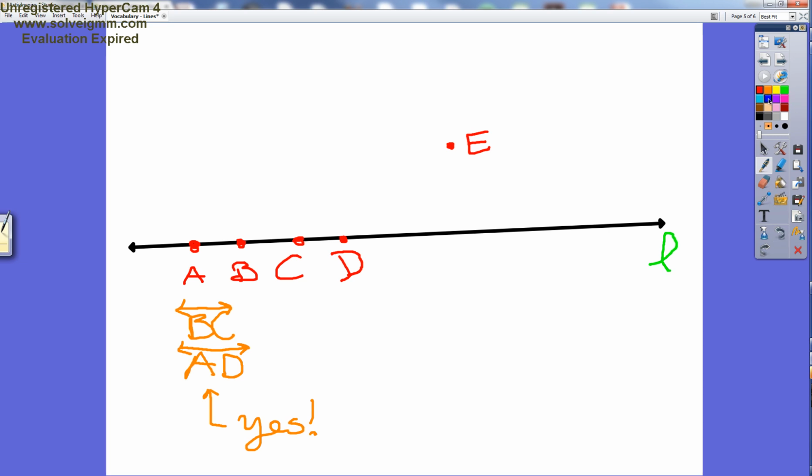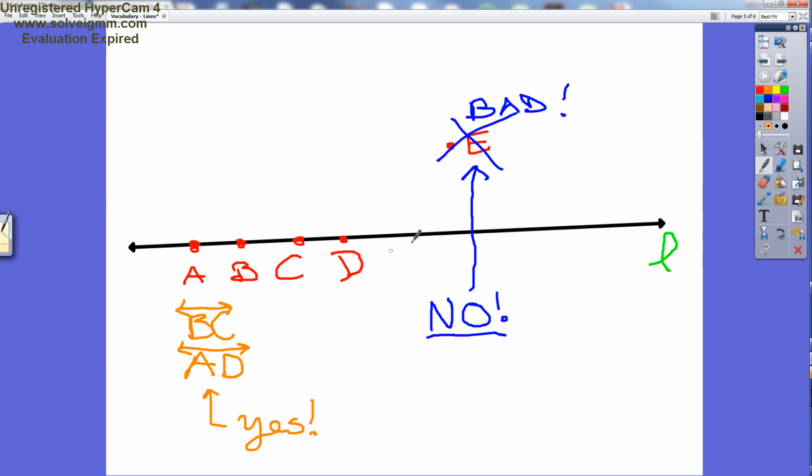Let's use a dark blue. So here, don't use E. E is bad. It's not on the line here. You can't use E to name this line.